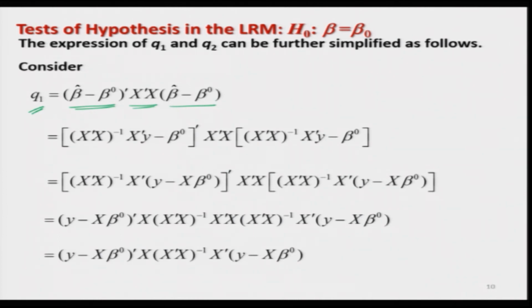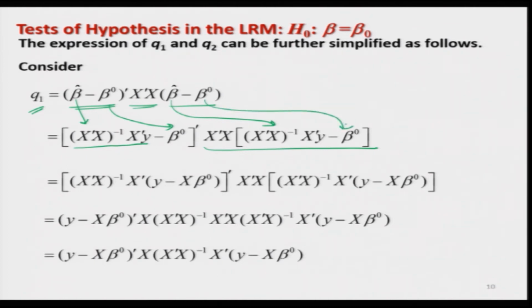Now I replace the value of beta hat. So, this becomes x transpose x whole inverse x transpose y minus beta naught, and then this transpose, and the remaining part will have the same operation, right. I replace beta hat by its expression and beta naught will remain as such.